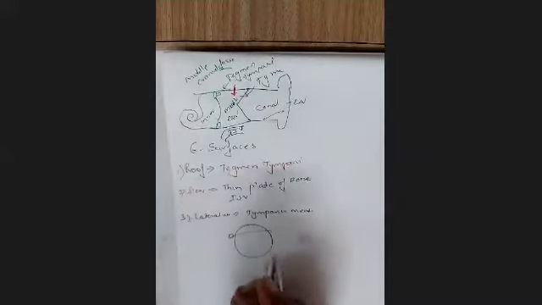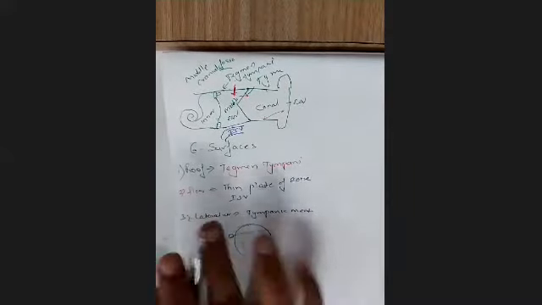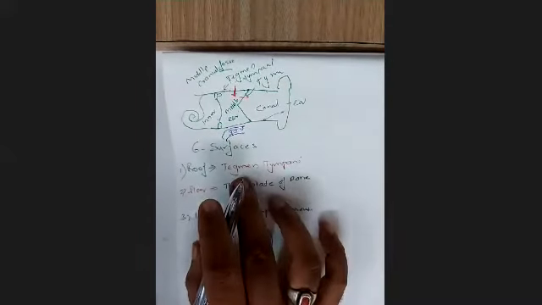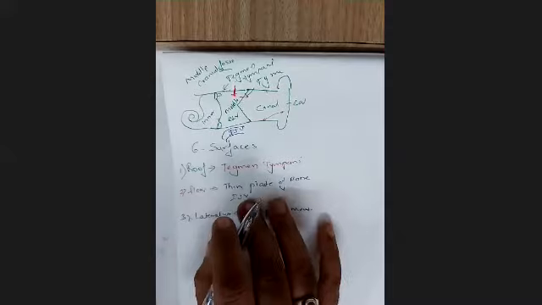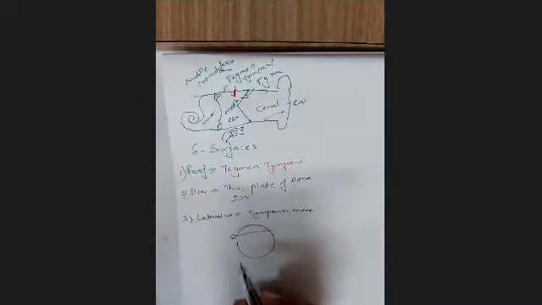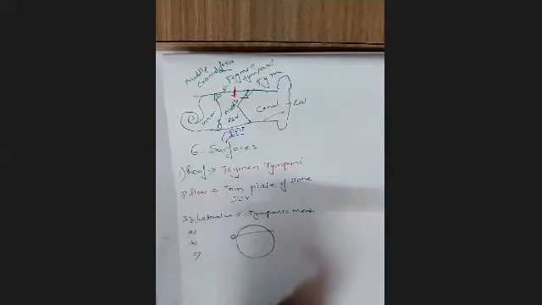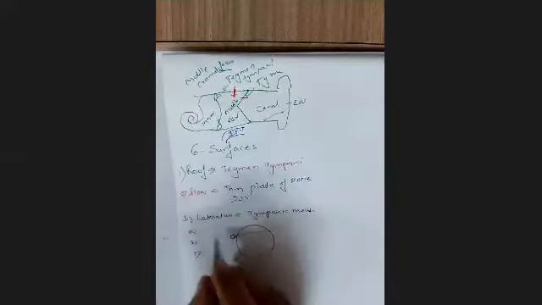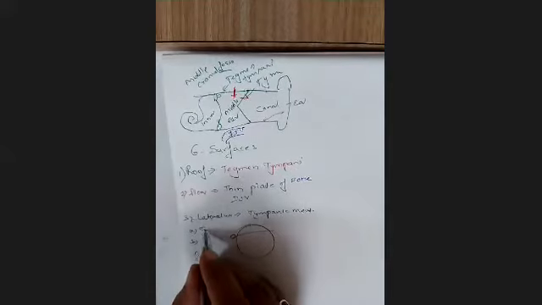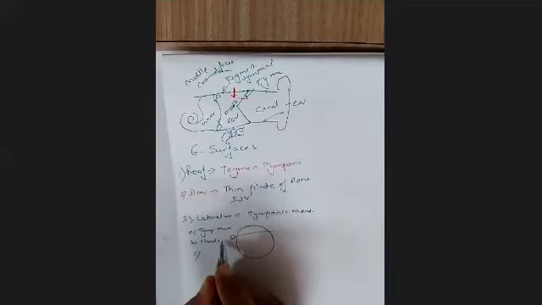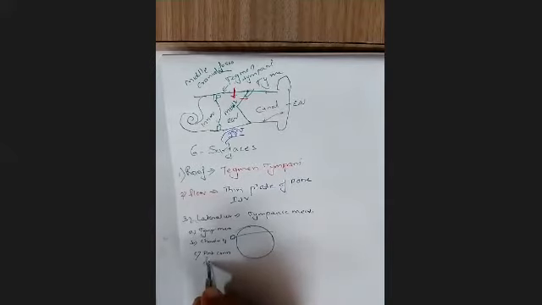So I normally restrict all the walls to three structures, except for roof and floor. Roof is formed by tegmen tympani, floor is formed by a thin plate of bone separating from the internal jugular vein. Now all other places I would restrict to A, B, C. So A in the lateral wall will be tympanic membrane, B will be chorda tympani, C will be anterior canaliculus for chorda tympani.